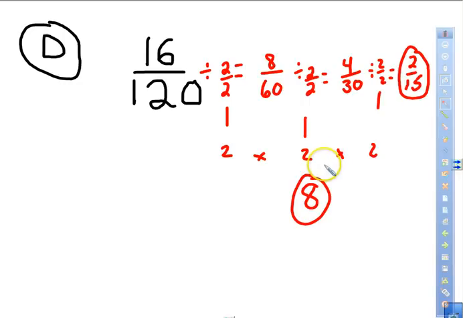So there's lots of different configurations you could have gone about this. Dividing by 4 first, dividing by 2 first, and then dividing that number by 4. Lots of possibilities. But again, your answer to this is 2/15. Greatest common factor was 8, which you don't have to know, but it's certainly useful. If you did divide by 8 at first, you would immediately get 2/15.